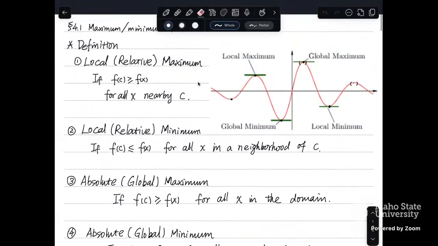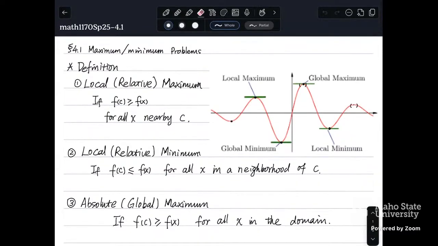If you look at the maximum value or minimum value, if it's differentiable, you will always have a horizontal tangent line there, right? So that means at those points, the derivative must be zero.